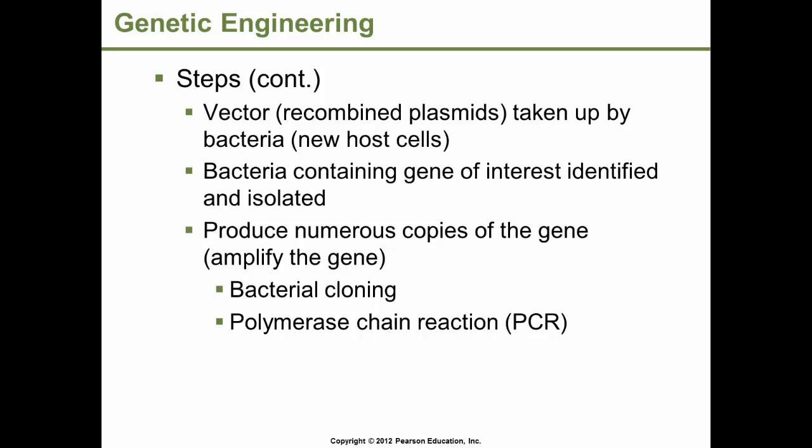So these primers serve as the start tags for DNA replication. Nucleotides and a special heat-resistant DNA polymerase are added to the mixture and then cooled to allow for base pairing. The procedure is repeated numerous times, and each time the number of copies of DNA is doubled. This process is used, for example, in criminal investigation.